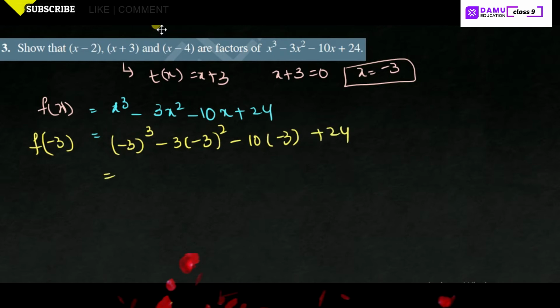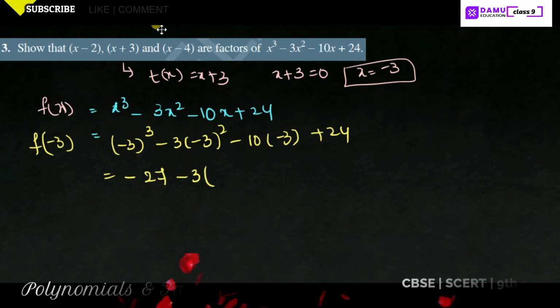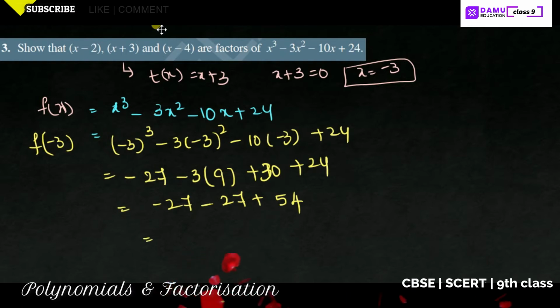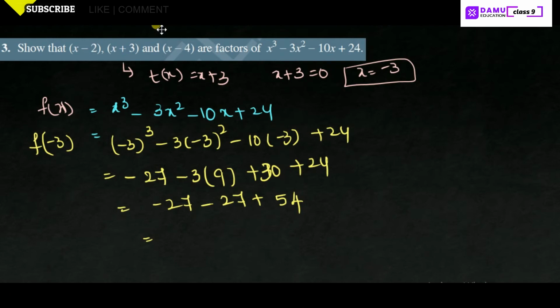Here an odd power came, so minus 3 cube will be minus 27. Then minus 3 into 3 square, which is 9, is minus 27. Minus 10 into minus 3 becomes plus 30, plus 24, so plus 54.